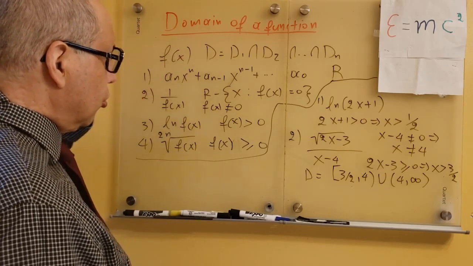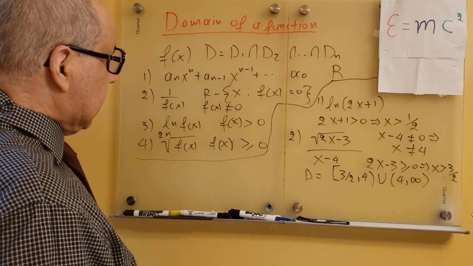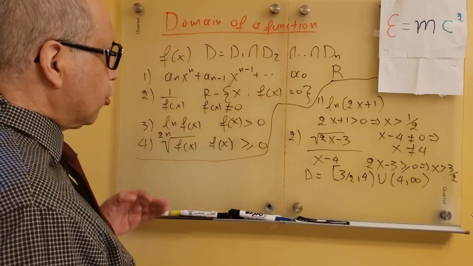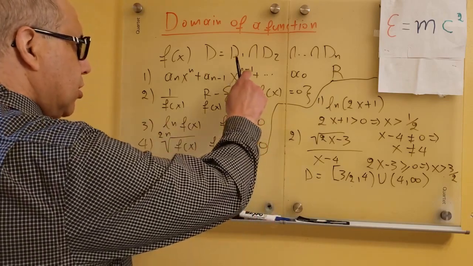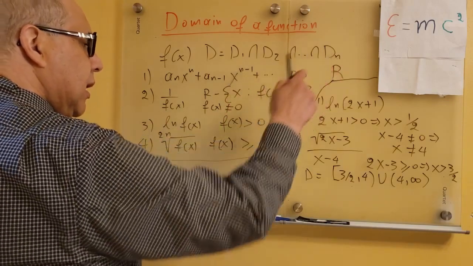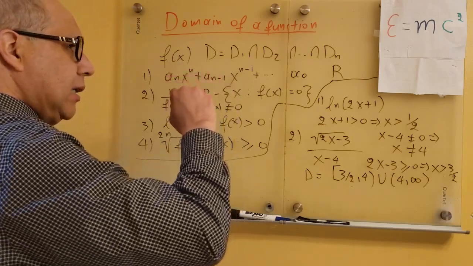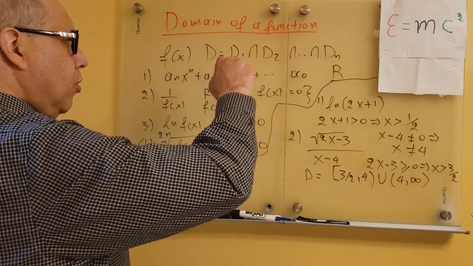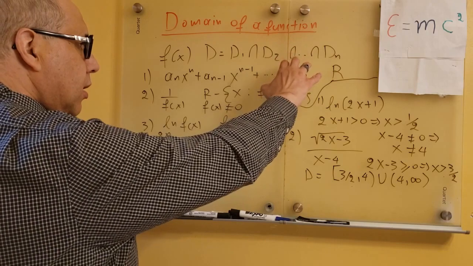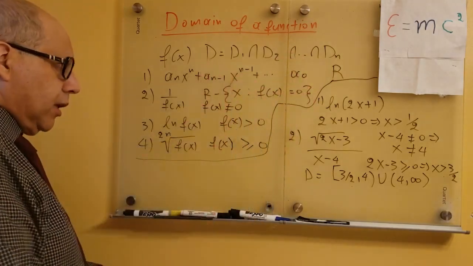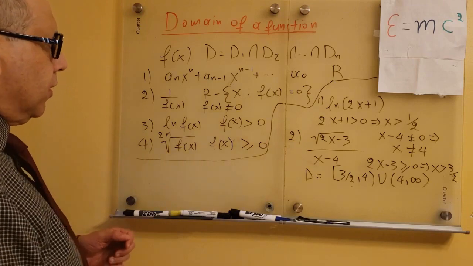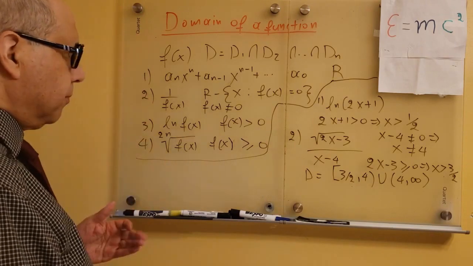So what you should do is find the domain of each one of those functions, let's say D1, D2, Dn, and then take the intersection of all these sets. This intersection will give you the domain of the initial function.